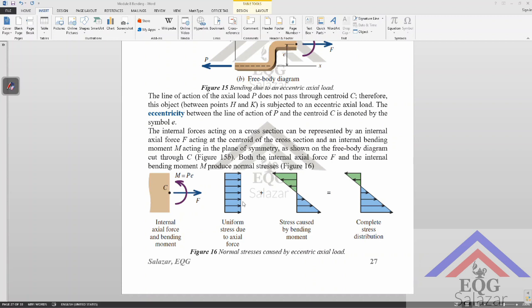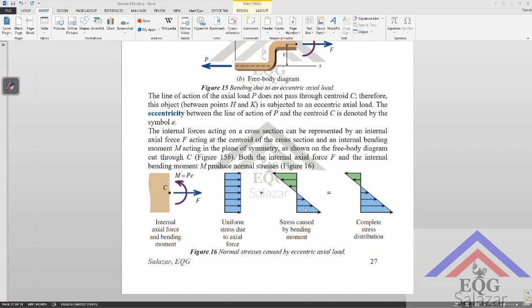There is a uniform stress due to the axial force, plus a stress caused by the bending moment. So it can be thought of as this plus this, and it could happen that your stress here could be smaller because of the presence of the axial force, when this is in tension and your bending stress is in compression.